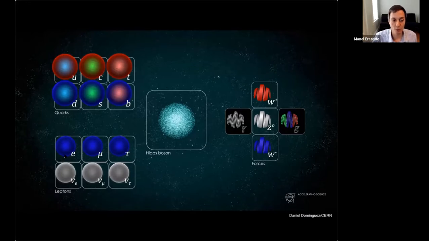The electron has also a more massive cousin, which is the muon, and there's even a more massive cousin of them, which is the tau lepton. And there's also lighter and neutrally charged particles that are also related to electrons, which are the neutrinos.